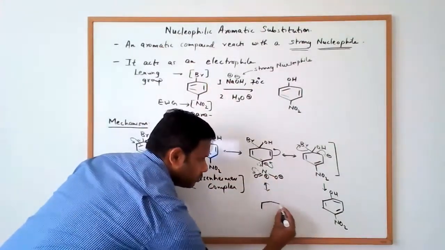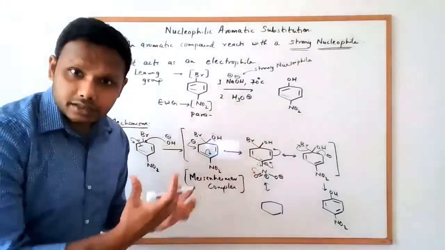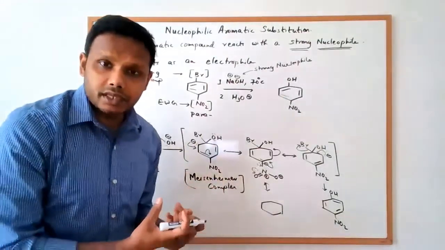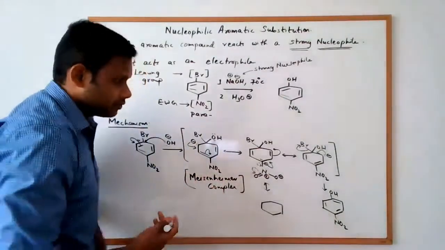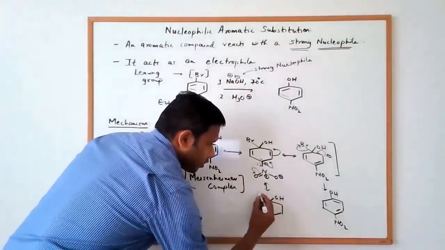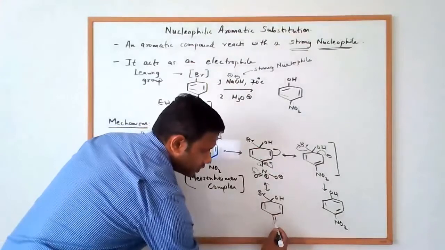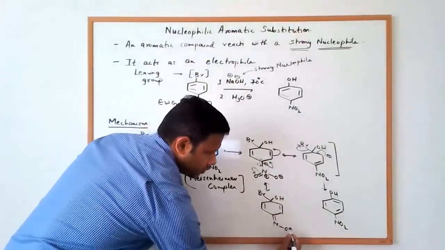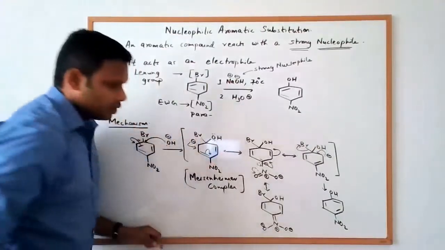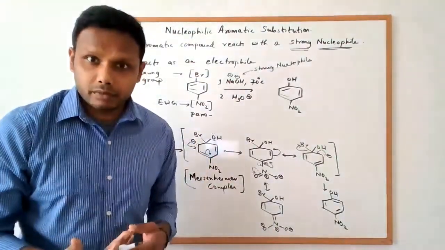So the nitro group being strongly electron withdrawing, it's going to inductively stabilize that negative charge. That means it's going to help stabilize the negative charge by pulling the electron density away from the ring. But additionally, it can also do resonance involving that negative charge to give us an additional resonance form like this. So that makes this Meisenheimer complex stable.